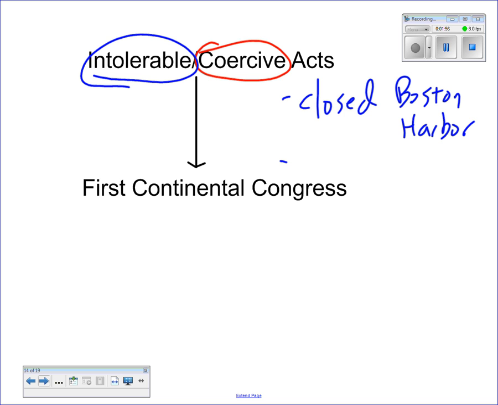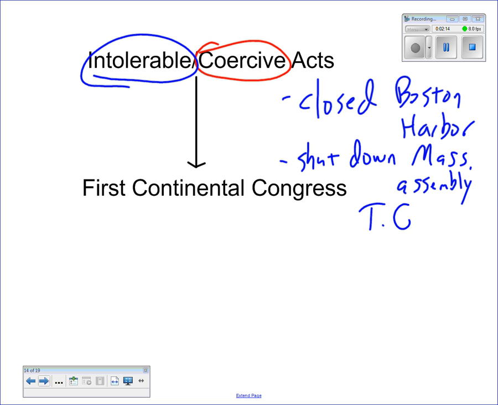It also shut down the Massachusetts Assembly, which is the democratically elected body to represent the citizens of Massachusetts. They had a local assembly that governed the colony, and that was shut down. So they essentially put them under martial law under a guy by the name of Thomas Gage, who was a British officer in charge of Boston, essentially punishing them for what happened.